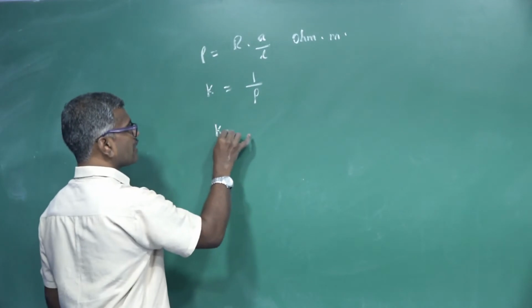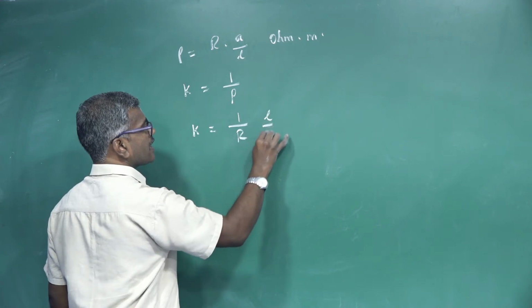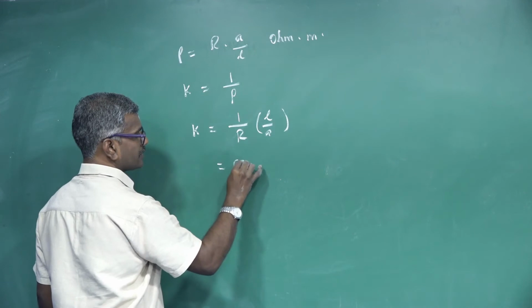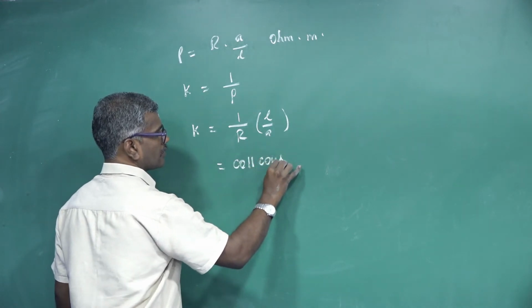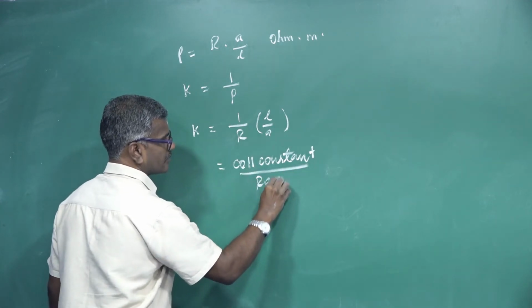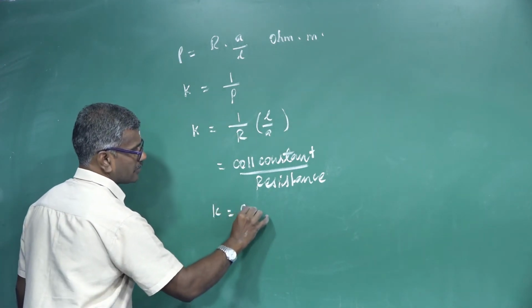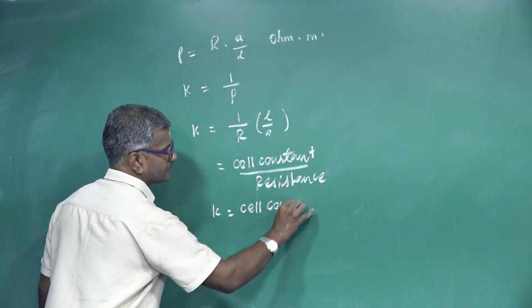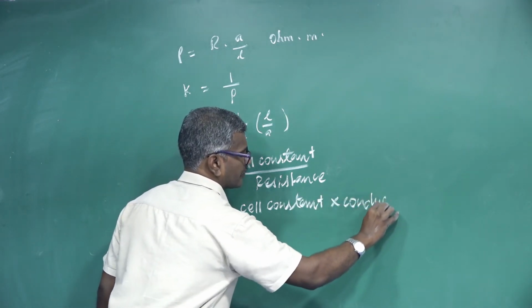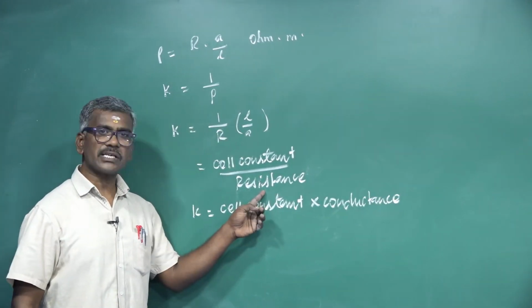This equation becomes K is equal to 1 by R into L by A. This is known as the cell constant by resistance, or K is equal to cell constant into conductance, because conductance is the reciprocal of resistance.